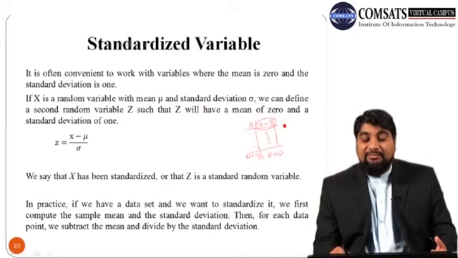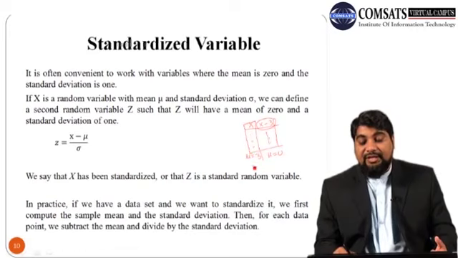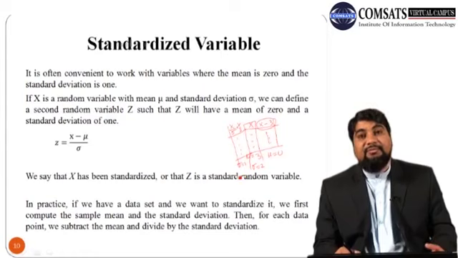And similarly, suppose this random variable x has standard deviation, let's say, 2. If we divide x by 2, it means we divide each observation by 2. If we calculate the standard deviation of these new observations, it will be 1.